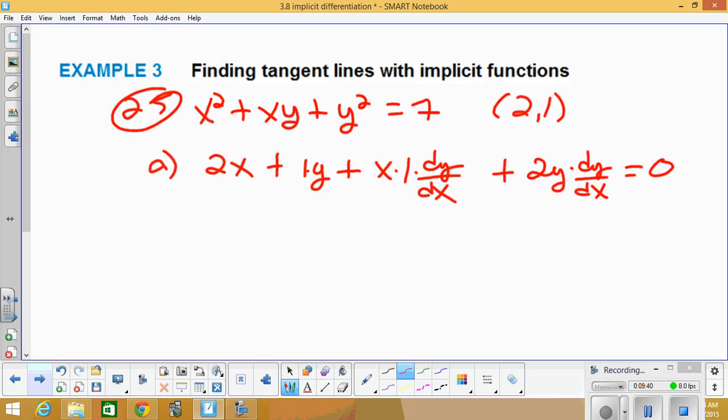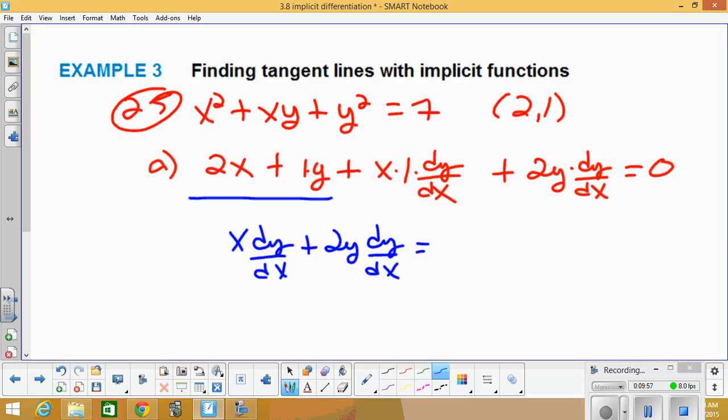From here, remember, I'm going to want to solve for dy dx. So in this case, I'm going to subtract my first two terms, and I will have x dy dx plus 2y dy dx, and then I have minus 2x minus y on the right-hand side. I'm going to do a GCF of the two terms on this side.